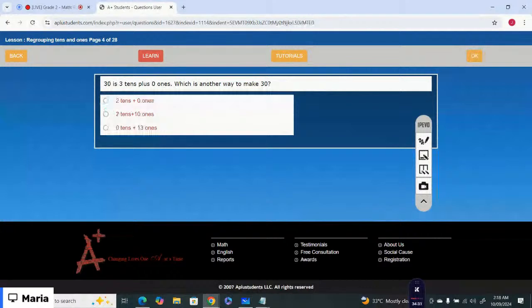30 is 3 tens plus 0 ones. So what is another way to make 30, which is the correct option?